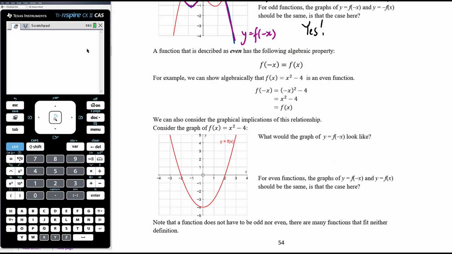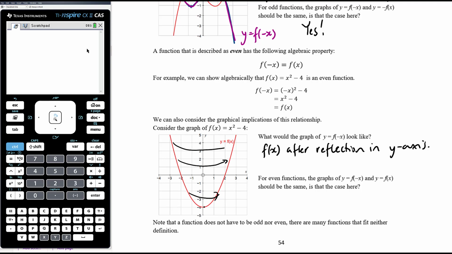Again, graphically we know that f of negative x is f of x after reflection in the x-axis. Sorry, in the y-axis, my apologies. So what this is saying is that the reflection in the y-axis is equal to the original function. So something's an even function if when you reflect it in the y-axis, you still get the same graph that you started with.